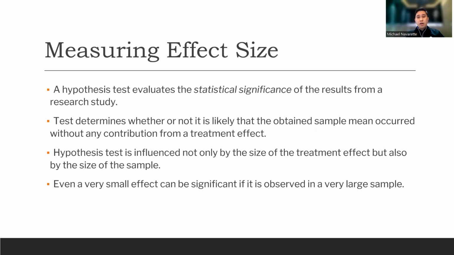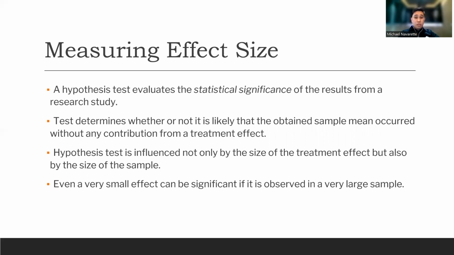The next one is measuring the effect. The objective of effect size is to standardize the measure of the size of a particular effect. A hypothesis test evaluates the statistical significance of the result of each research study. Tests determine whether it is likely that the obtained sample means occur without any contribution from the treatment effects.